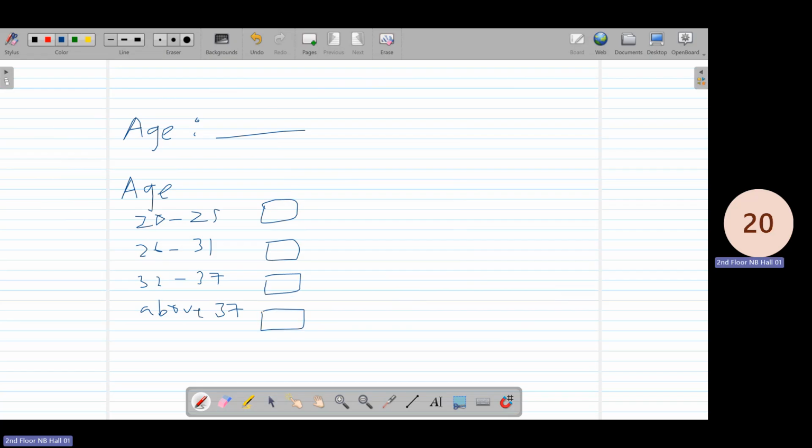Then tell me now, same variable here. What is the level of measurement? Previously you said age is the ratio scale. It's true. Now I have changed the question type. Tell me now, what is the level of measurement of age here?